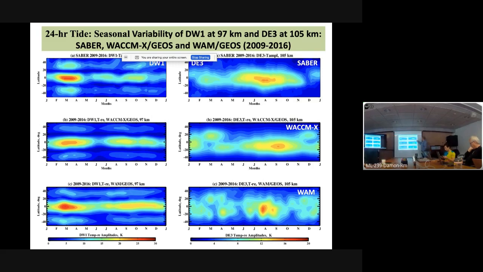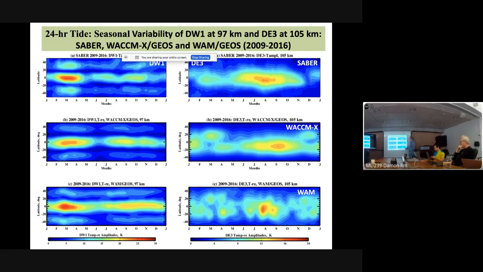and this is basically the result for the semiannual oscillation, very famous amplitudes of the migrating diurnal tide, and maximization of the non-migrating diurnal tide around July, August, September. If you look at WACCM-X GEOS and WAM GEOS, we're picking up all this variability, which is quite good.